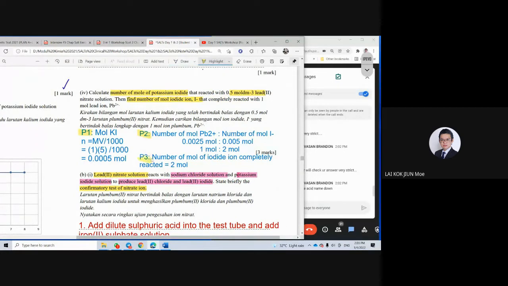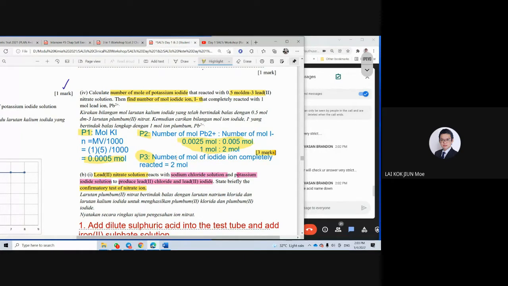Step 2, step 3. Remember, every time I teach my students, if there are 3 marks, you better have 3 different steps. Don't miss out anything, and then the marker can check the answer. 1 mark here, or you get comparison. Actually, comparison is important. Some very good students skip this one, cannot.